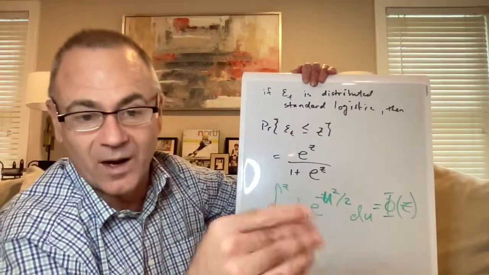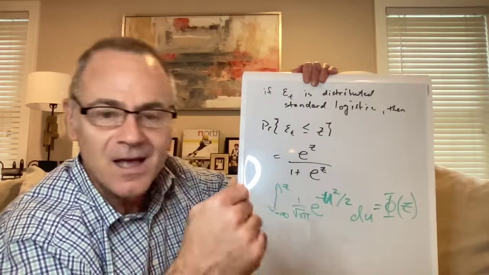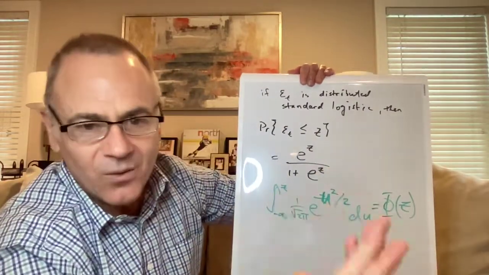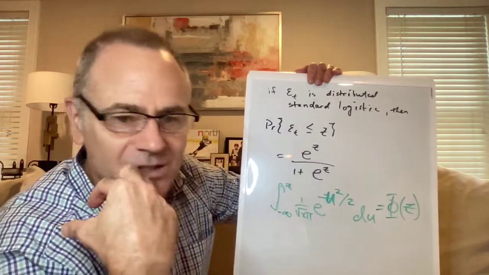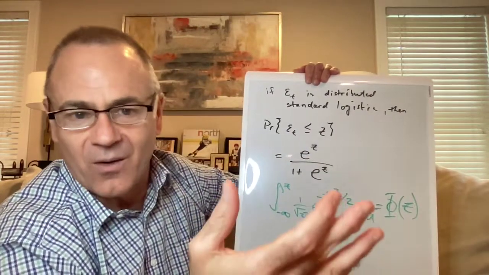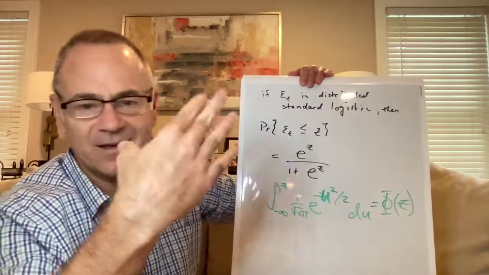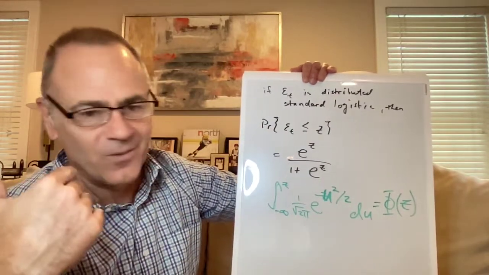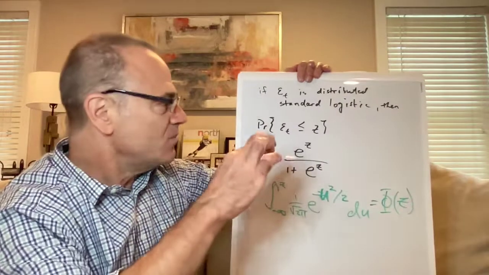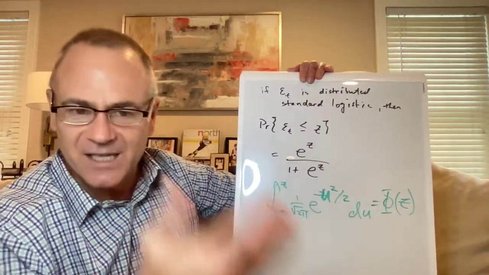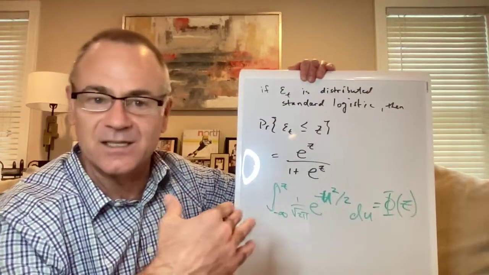Okay, we have good theoretical reasons to believe that. So in the old days, we'd say, even though we believe epsilon is really distributed normal, we don't have the computing power to estimate things correctly and quickly if we assume the proper assumption. So instead, we're going to make this approximation that it's logistic.